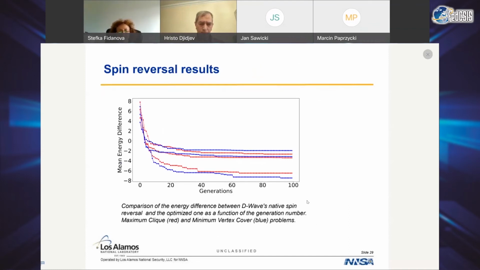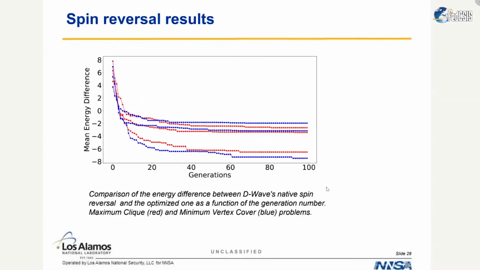Next slide, please. Okay, so here are some experiments that we did on 2 optimization problems, maximum clique and minimum vertex cover. The first is in red and the second is blue. And we see that the algorithm gets a big improvement after as few as 10 and up to 20 iterations.